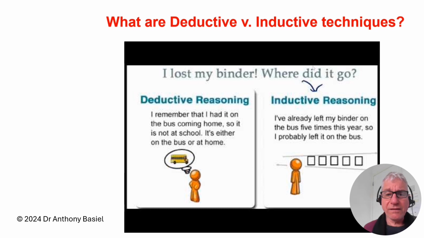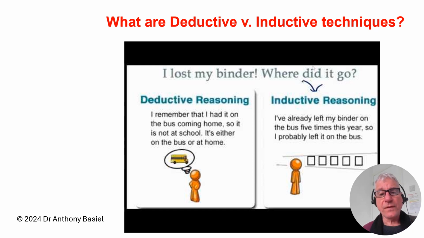Well, in a deductive approach, you would say, I remember I had it on the bus coming home. So it's not at school, it's either on the bus or it's at home. So here, you're starting with that theory, and then you're going to be coming up to your conclusion. Whereas the inductive approach is slightly different.